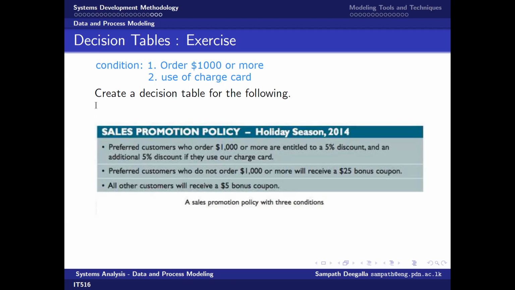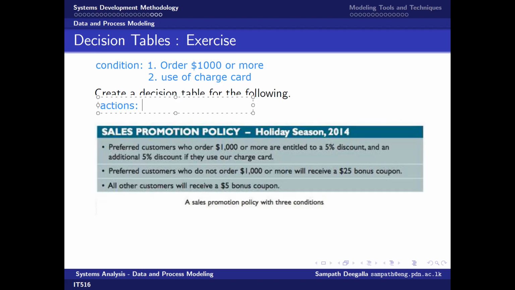Right. What are the actions? We need to identify the actions. The conditions are the first. First one is whether they have ordered $1,000 or more. 5% discount.